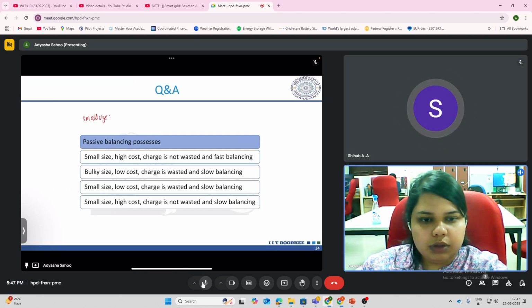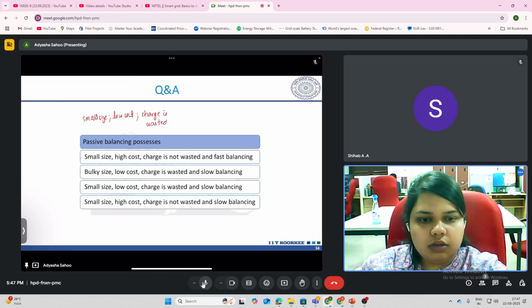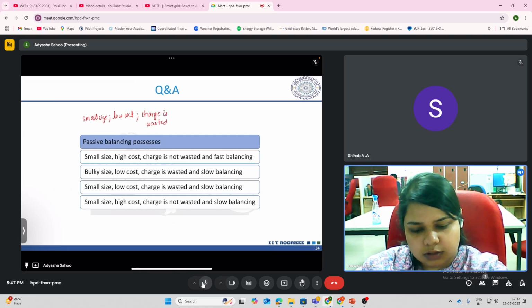Then cost will be low. You don't have any controller there. You just have some resistors and a few switches. But charge is wasted because you are basically dissipating it in the form of heat through the resistor, and it is then slow balancing.